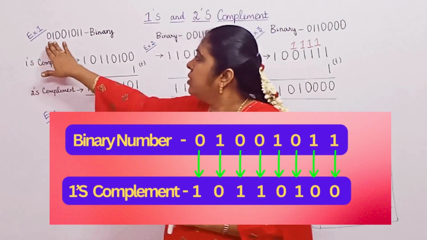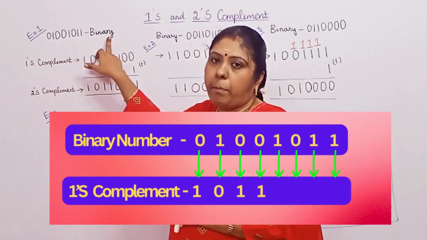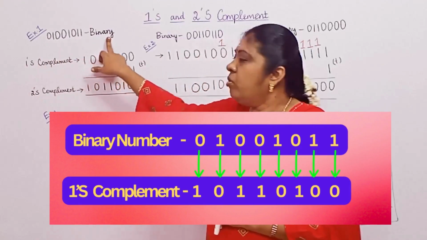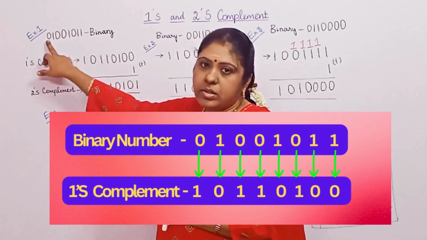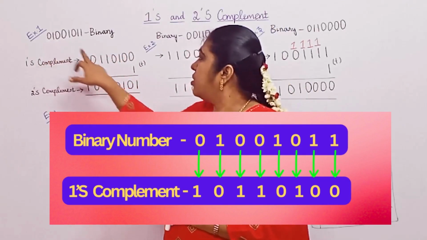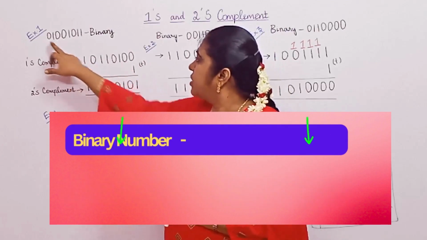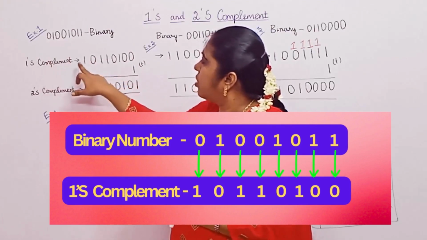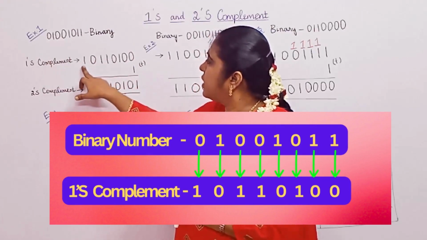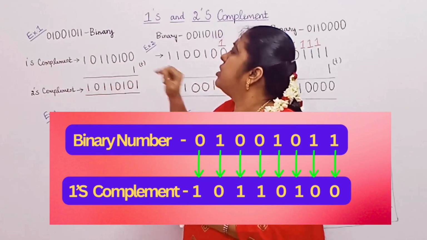Consider this number, 01001011. This is the binary number. Now we will be replacing all those zeros with ones and ones with zeros. Here the 1's complement number, that is for 0 it is 1 and for 1 it is 0, is written as 10110100.